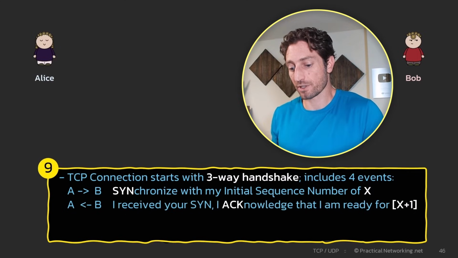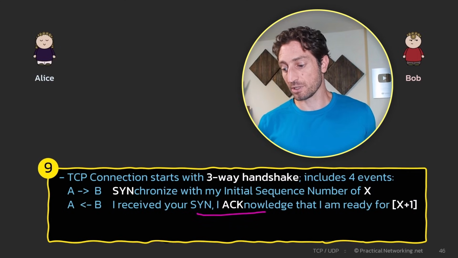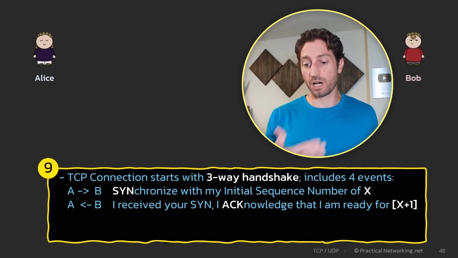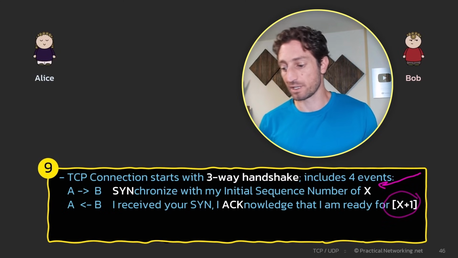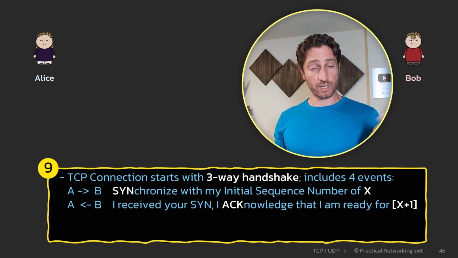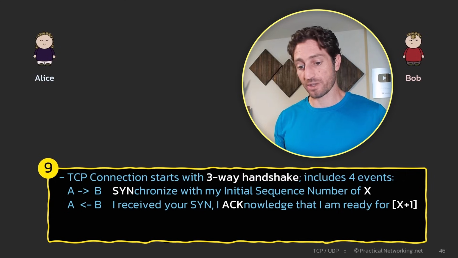Bob is then going to confirm receiving that synchronized request by sending an acknowledgement number of X plus 1. This is how Alice knows that Bob definitely received her initial SYN, because Bob can only send X plus 1 if he received X. But of course, as we just covered, TCP is bidirectional. So Bob also needs to pick an initial sequence number and share that with Alice.